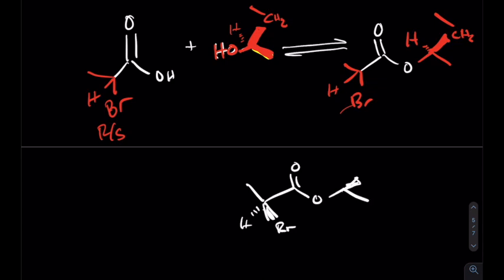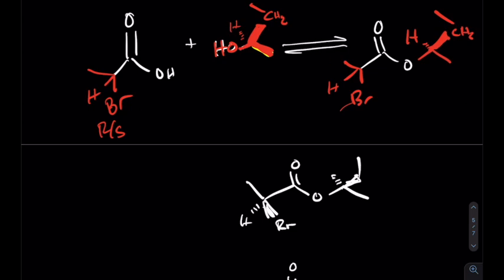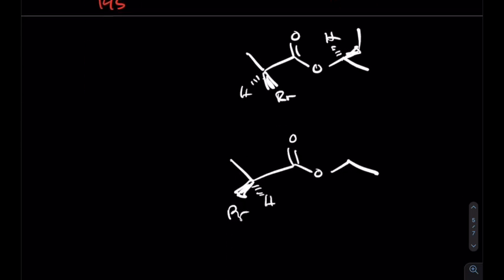And then this is always going to be the same because I'm smart and I bought an enantiomerically pure alcohol, so that's one possibility. And then the other possibility is I've reacted it with the other configuration where the H is coming out and the Br is going in the back. This is back here, and I got my H. This is the same. That started out pure, stayed pure.